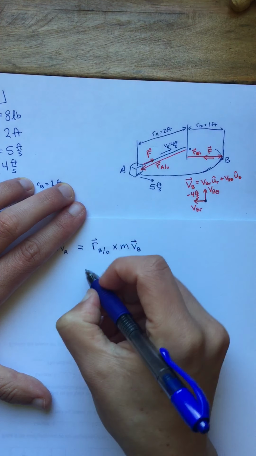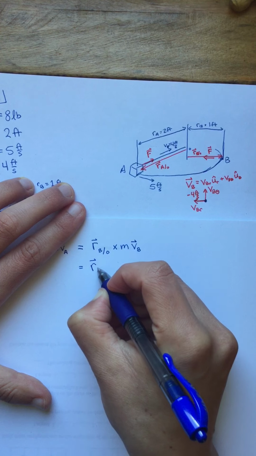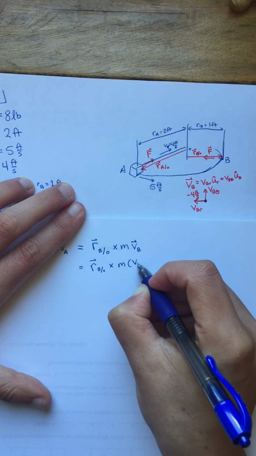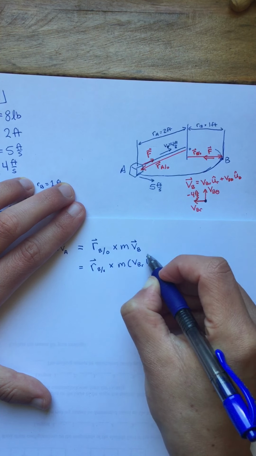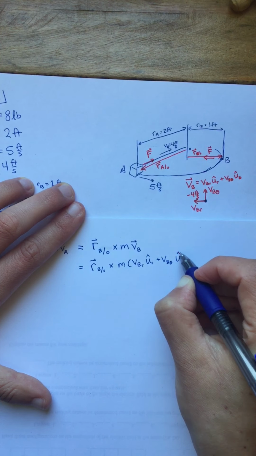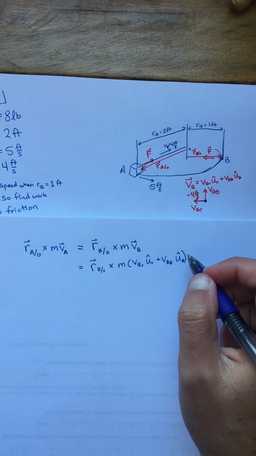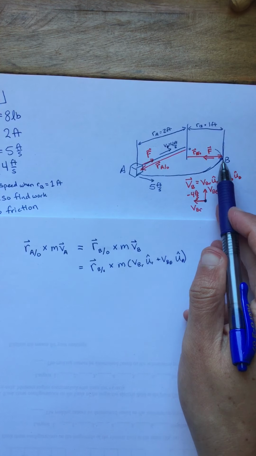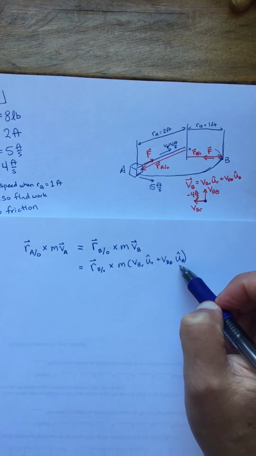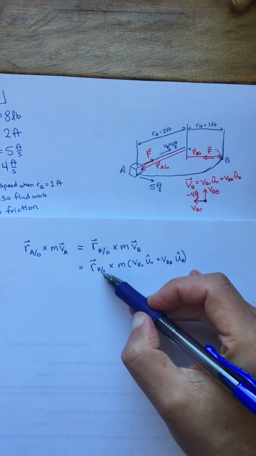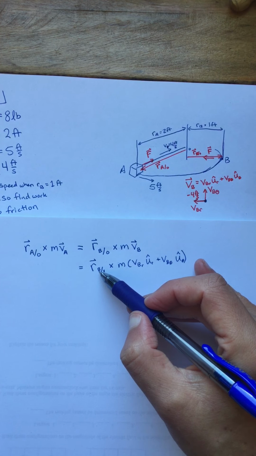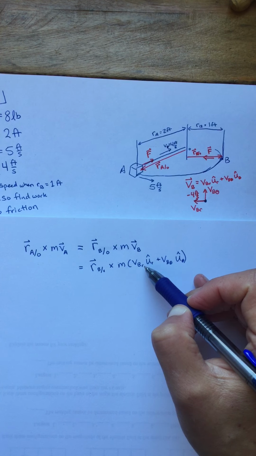So I could also write this as my vector R crossed with m times V_BR in the u_r hat direction plus V_B theta in the transverse direction. Or if you wanted to use rectangular components for this cross product, you could say at point B, this would be in the i hat direction, this would be in the j hat direction. This vector is in the same direction as the radial component here. So if you call that the i hat direction, you have i hat crossed i hat here, which is 0.